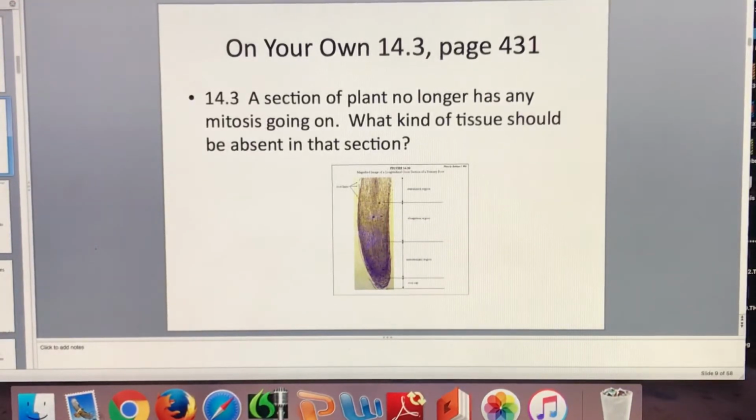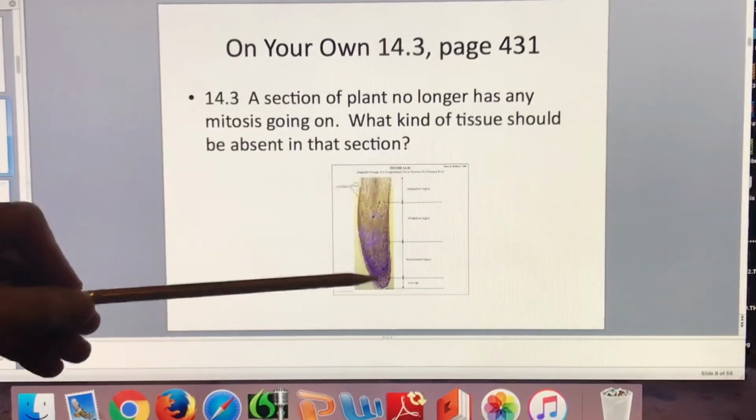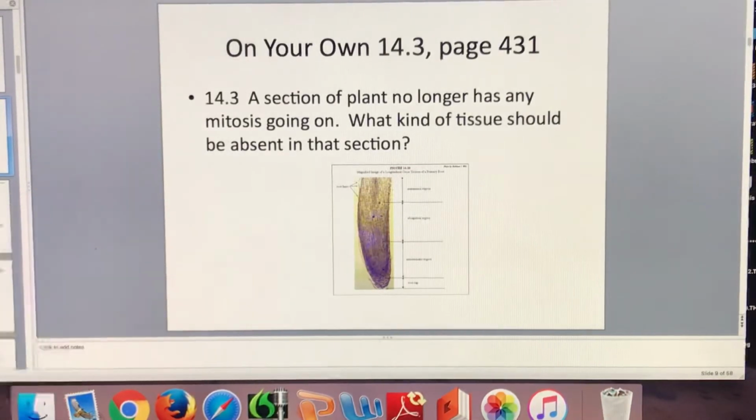And this is a figure that we'll be looking at a little bit later. But just to show you, this is the bottom of a root, the tip of a root. This is the meristematic tissue here, and that would be growing quite quickly, and that's where, as we mentioned, mitosis would be going on robustly.